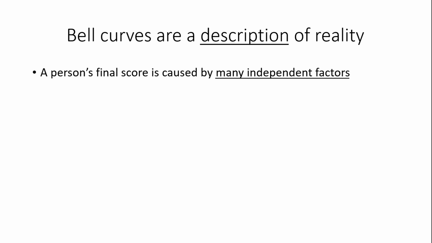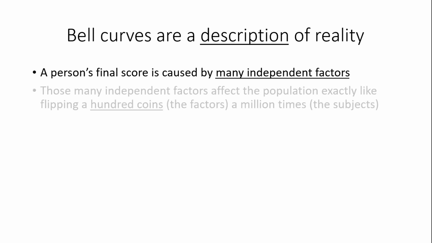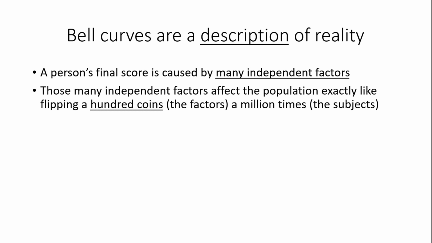Bell curves are a description of a natural process, like the process by which surveying crews make mistakes. They're appropriate when a final score is caused by many different influences that operate on the population, like flipping 100 coins, the different influences, 1,000,000 times, the different subjects.